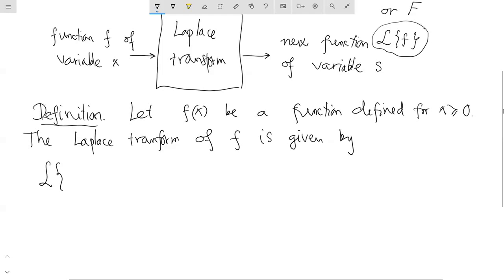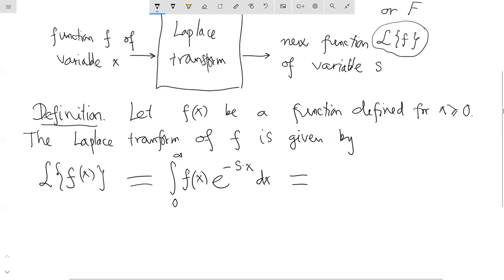Script L of f, or script F of x, is given by an integral. And this is an improper integral that you learned in calculus 2. Integral from 0 to infinity of f of x e to the minus s times x dx.